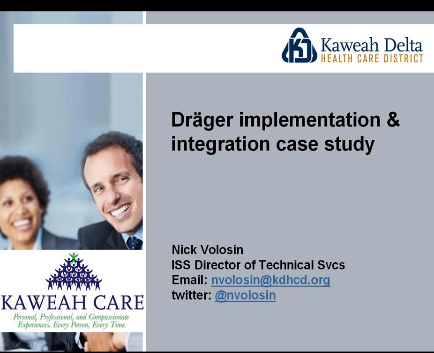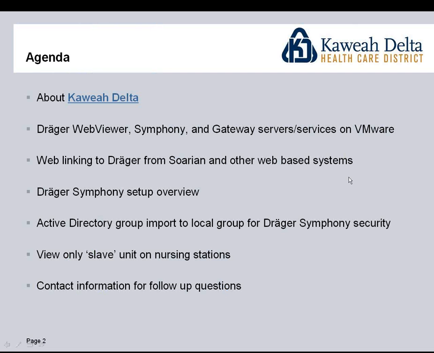For the agenda items, I plan on talking about QUI Delta, who we are, our size and whatnot, then going over some of the Dräger services we have running on VMware, and how we do the linking from Soarian, which is our main clinical system, but you can use this from other web-based systems too.